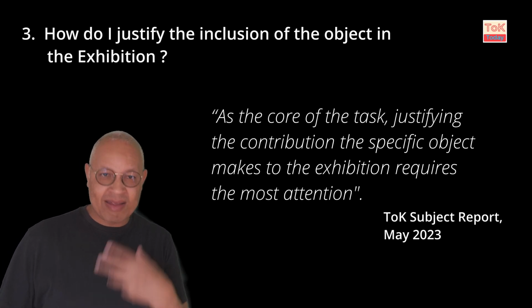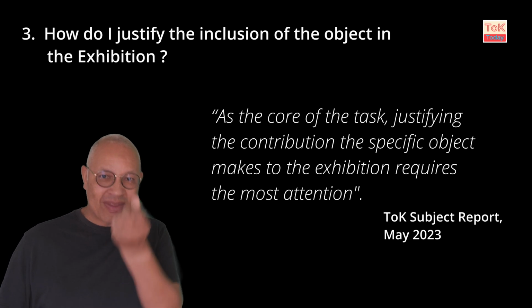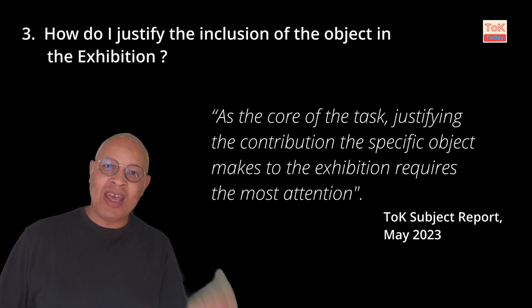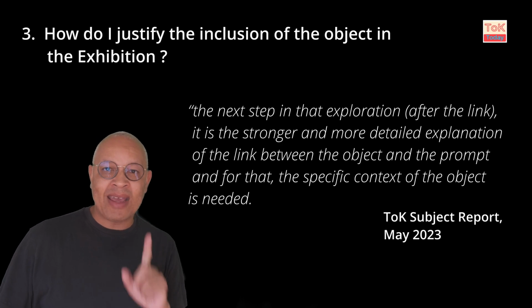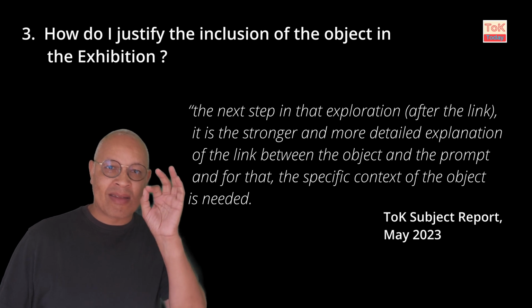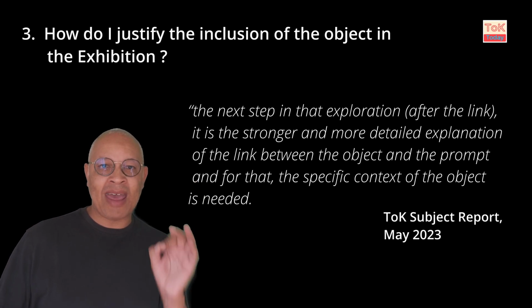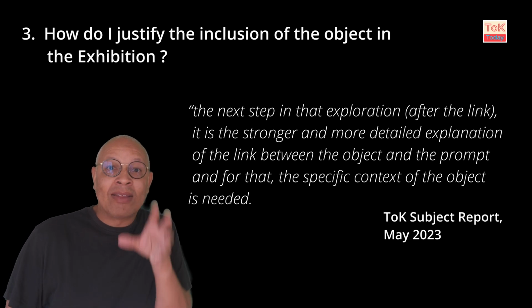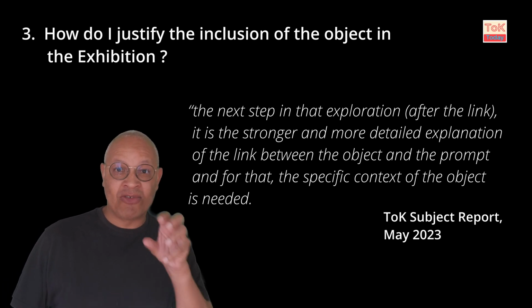The subject report explains that the justification comes after linking the object to the prompt, and that the justification is, and I quote, it's the next step in the exploration after the link. It is the stronger and more detailed explanation of the link between the object and the prompt. And for that, the specific context of the object is needed.